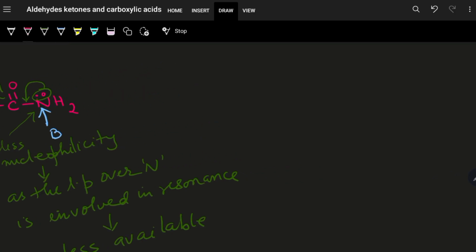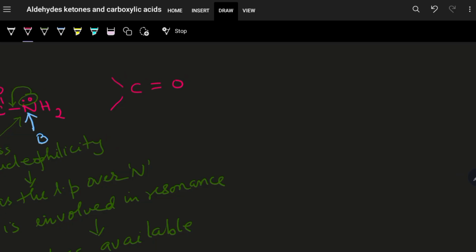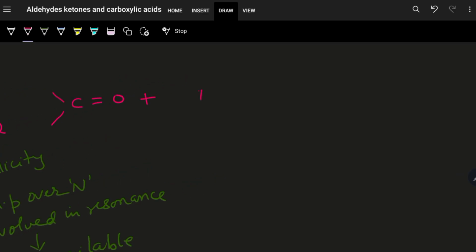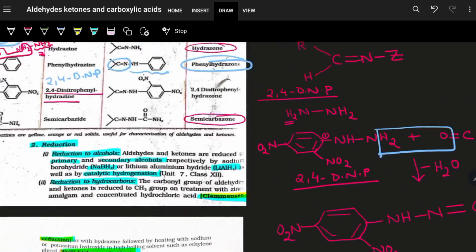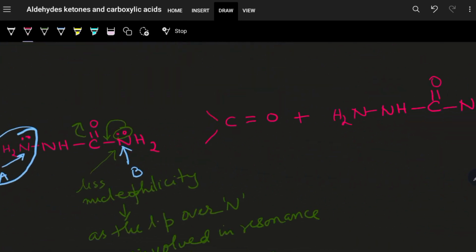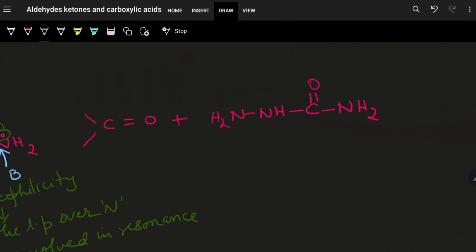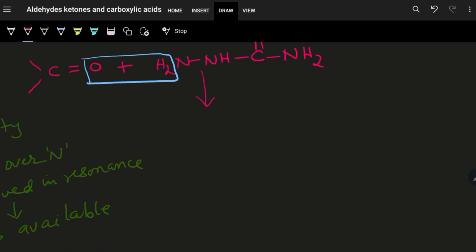Let us see how. This is C double bonded O, carbonyl, and you have NH2, NH, C double bonded O, NH2. This is the structure of semicarbazide, right? So semicarbazide has this type of structure where we can see there is elimination of H2O and there is combination of the two.